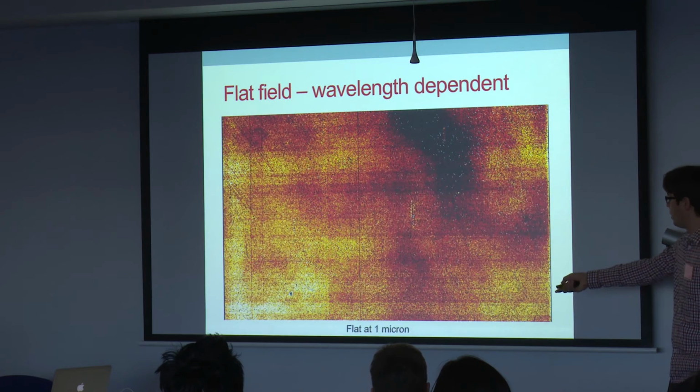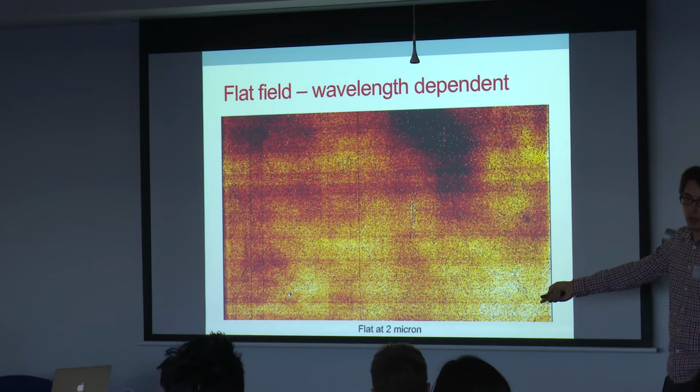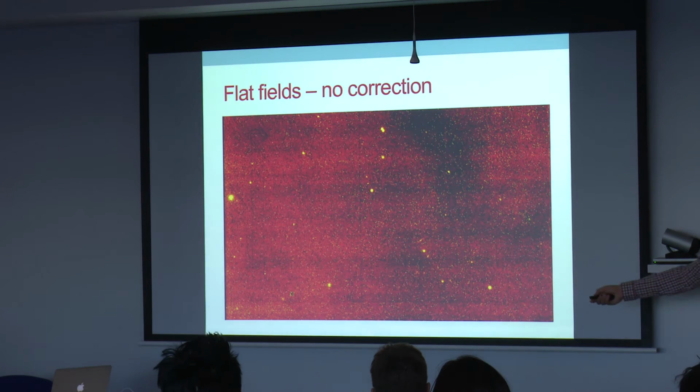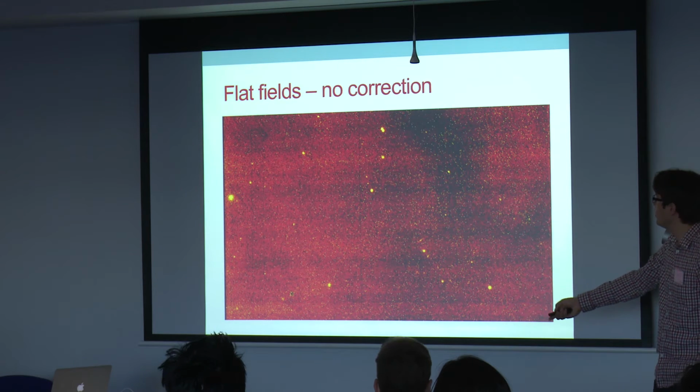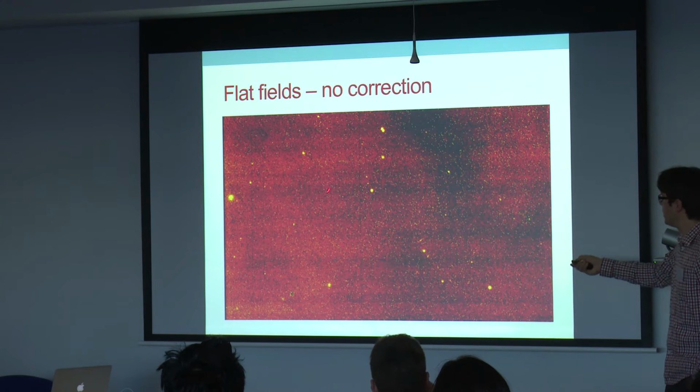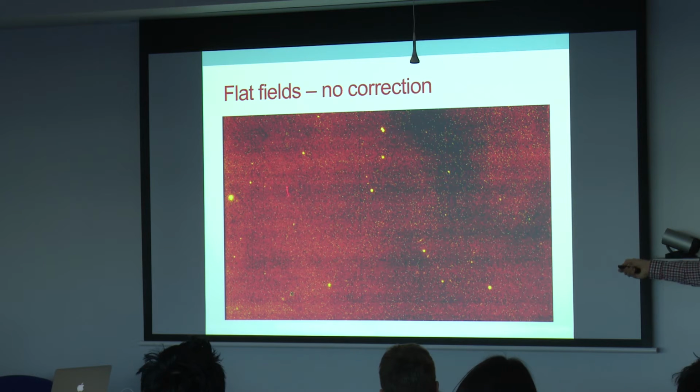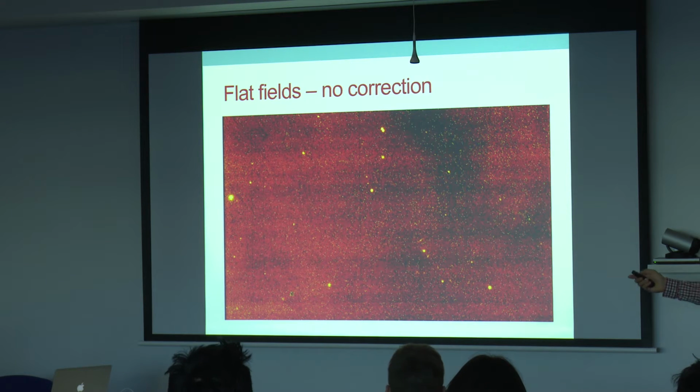And you can see how the pixels behave differently at that wavelength. This is a raw science image with no flat field correction applied. So you can see the sources of light, but you also see this large-scale structure and also the noise from the flat field uncertainties.